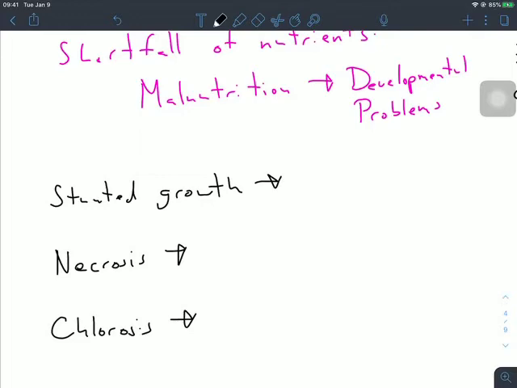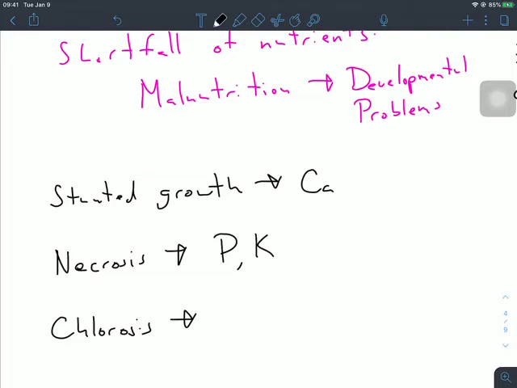A common nutrient that's lacking and causing stunted growth is calcium in plants. Calcium is one of those macronutrients necessary in high quantities for plants. A common source of necrosis in plants, in addition to the potassium that was shown below, is phosphorus. So you can get either potassium or phosphorus causing necrosis.